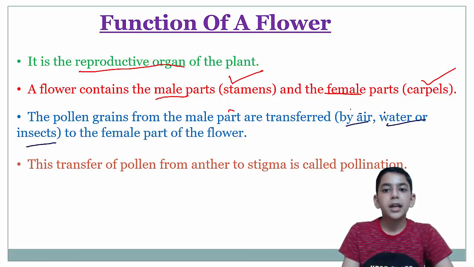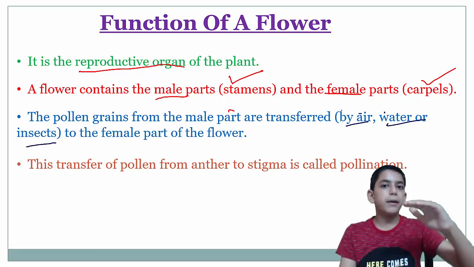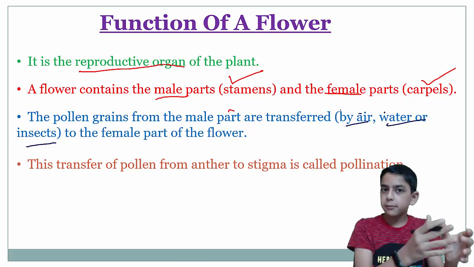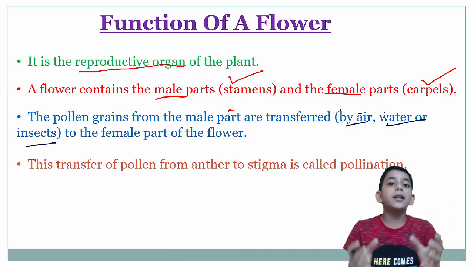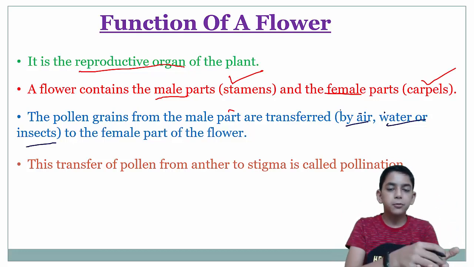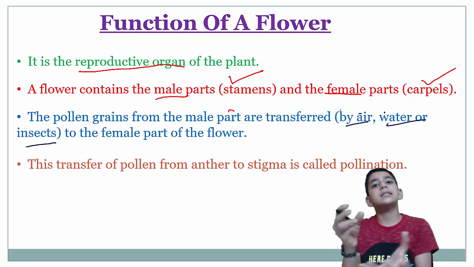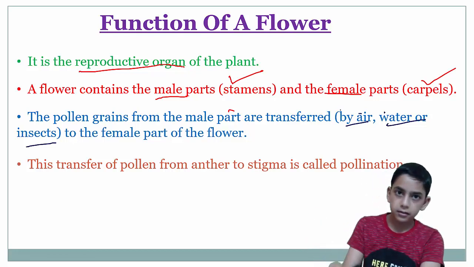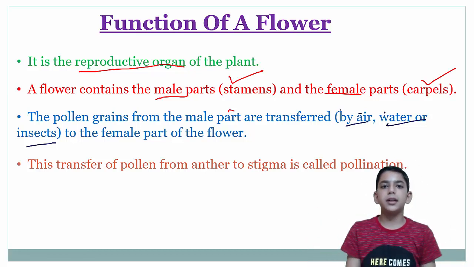By air means if the wind blows, then only the pollination would take place. By water means by the water current, and by insects means an insect will come to one flower and then go to another plant which contains a flower, and this will result in pollination.